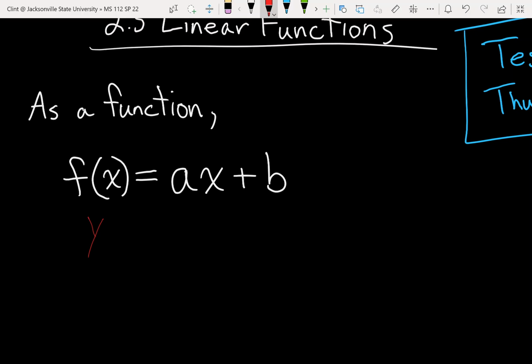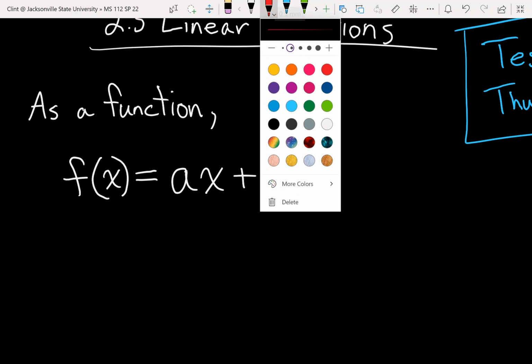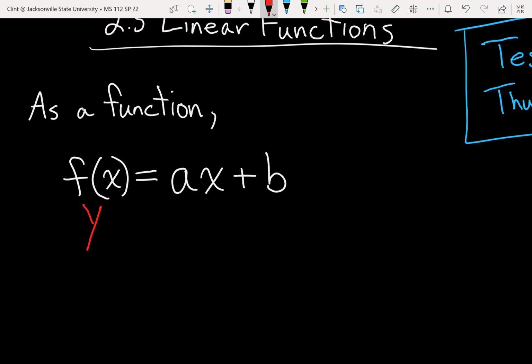F of x is just the same thing as y. And then a is just like m that we use for slope. So same thing, still just dealing with a straight line. The number in front of the x is still the slope, and then b is really easy. It's the y-intercept in both. But just as a function, you'll see it written down like that a lot.